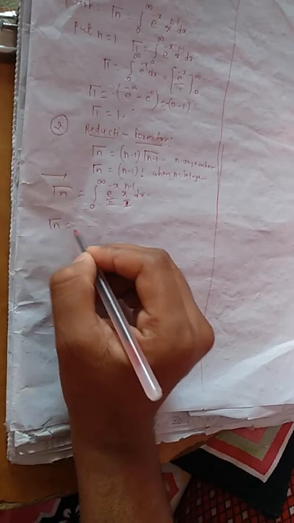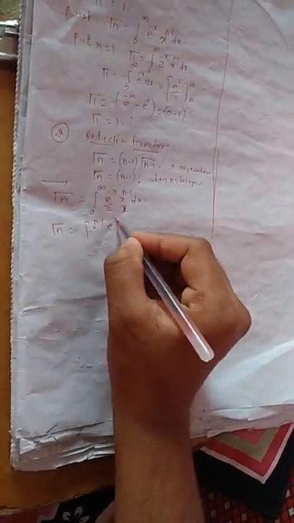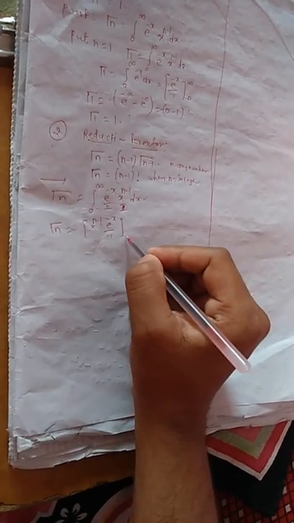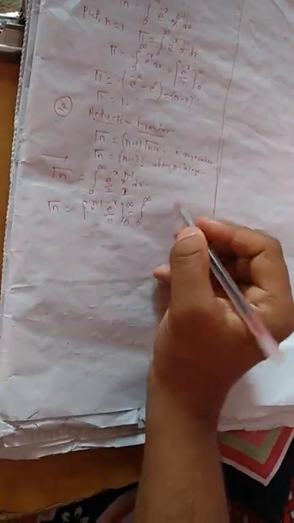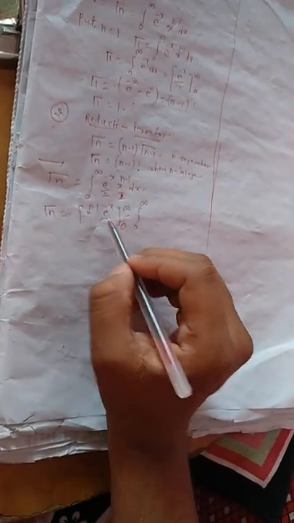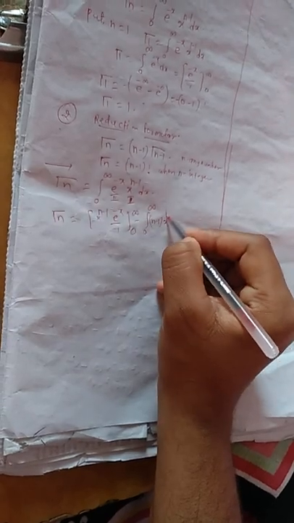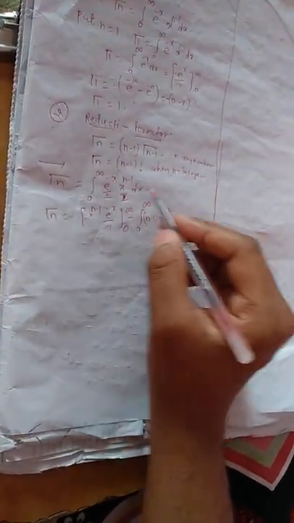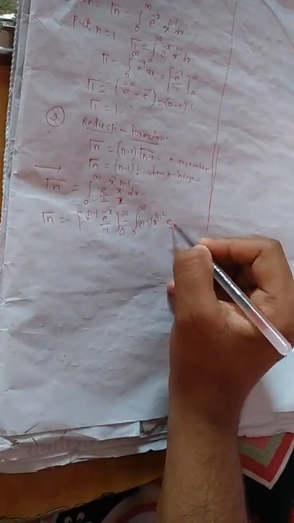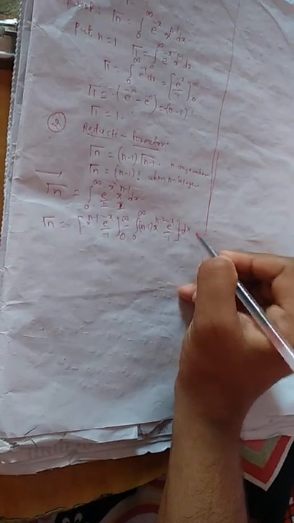So gamma n is equal to x raised to n minus 1 as it is, integration e raised to minus x upon minus 1 from 0 to infinity, minus integration 0 to infinity, now the derivative of x raised to n minus 1 becomes n minus 1 x raised to n minus 2, times integration of e raised to minus x upon minus 1 dx. Fine.